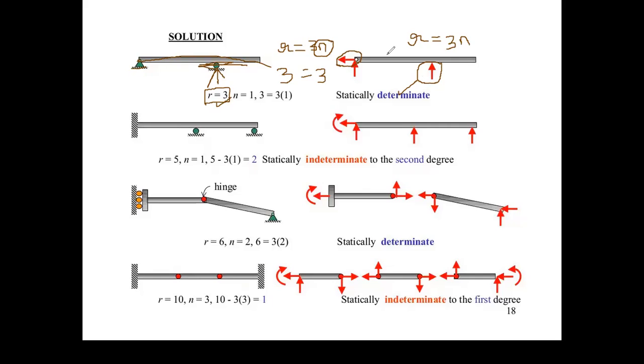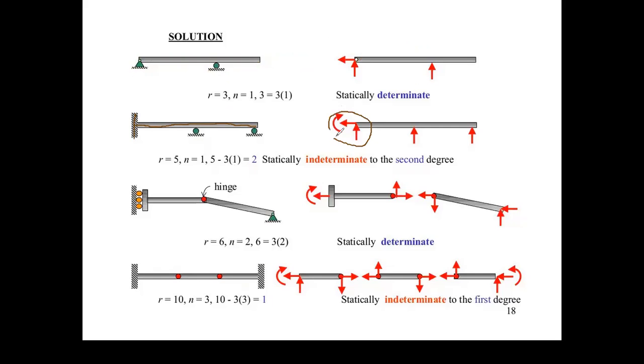Next, if you see this diagram, here it is a fixed support. Whenever a fixed support is there, how many unknown reactions are there? 3 unknown reactions will be here. Further, one unknown reaction will be here, and one unknown reaction will be here, because a roller support is here and a roller support is here. That means R is equal to 5, unknowns are 5.